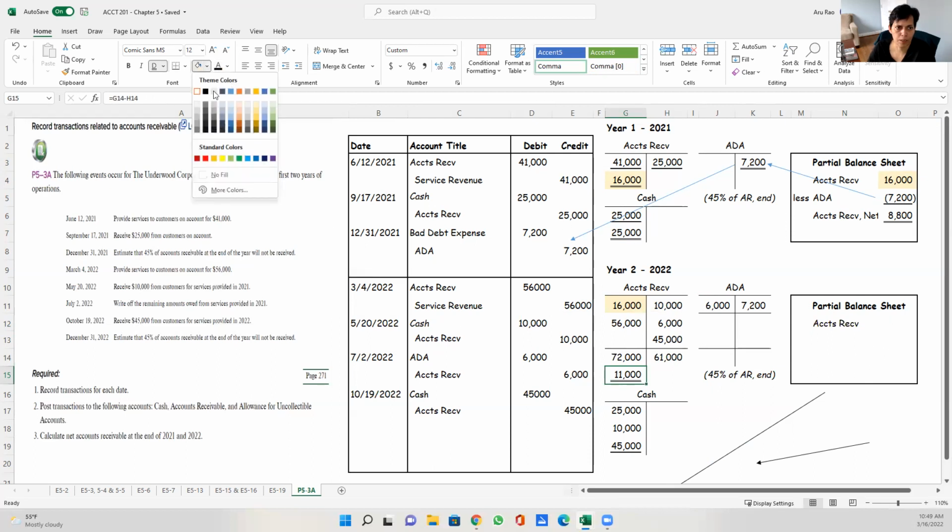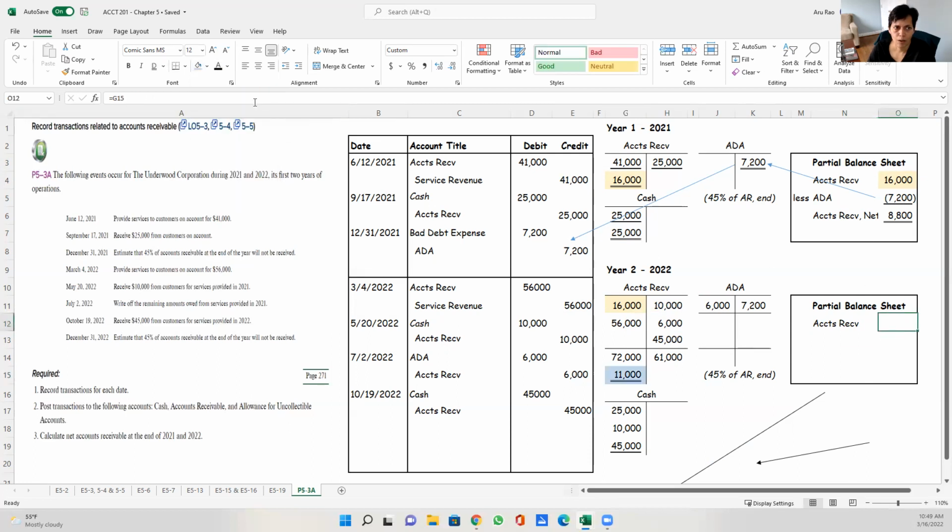Again, I'll put this in a different color so we can see. I'm going to keep track of my colors here. We can see where I got this number from, 11,000. Okay. Now I'm saying what I need to plan for is my allowance for doubtful account should be 45% of this 11,000.